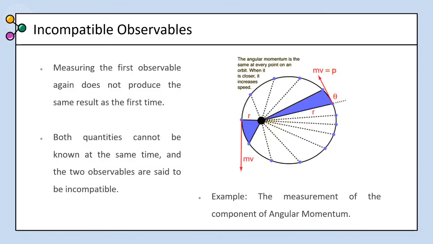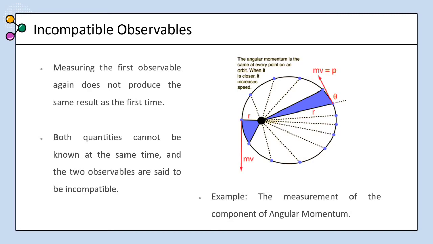Incompatible observables. The measurement of two observables with different sets of state functions is quite a different situation. Measurement of one observable gives a certain result. The state function after the measurement is, as always, one of the states of that observable. However, it is not a state function for the second observable.